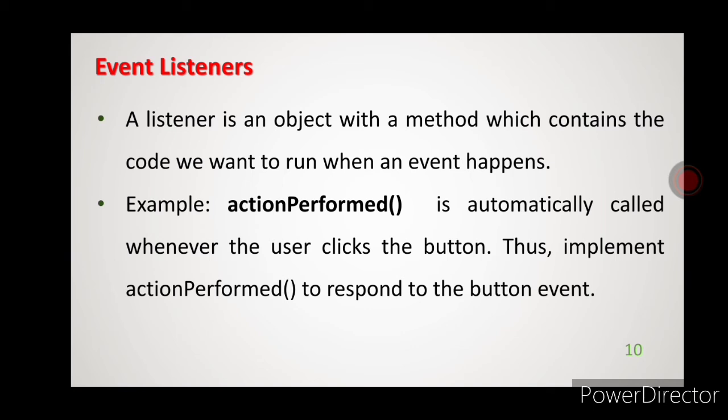We call this an event listener, and this listener must be registered with the source to receive notifications. When an event is generated, the corresponding action has to be executed, and the listener must implement a method to receive and process these notifications. What those methods are, we will learn in the next part.